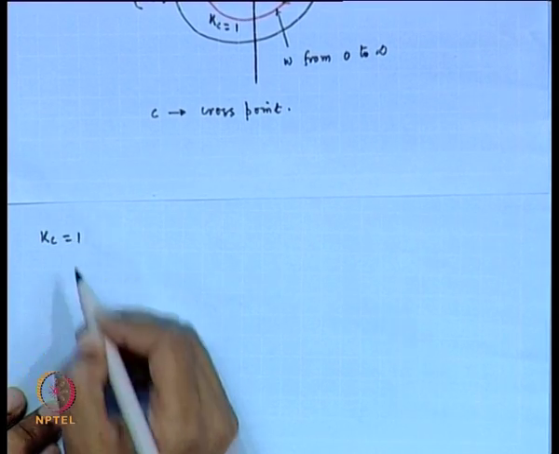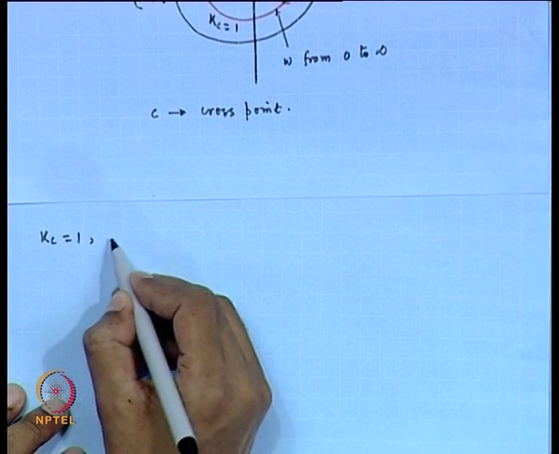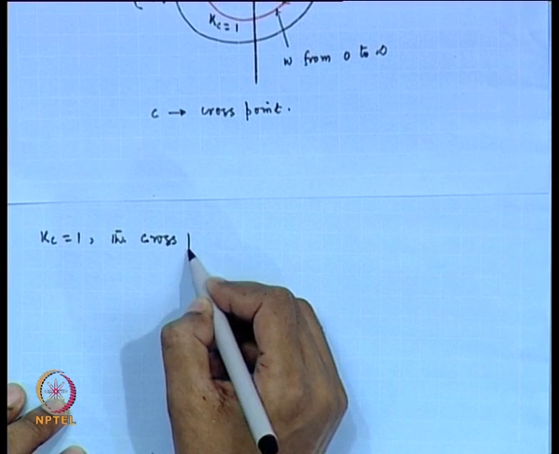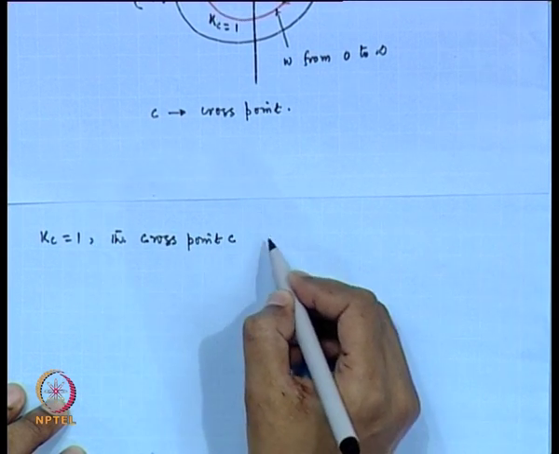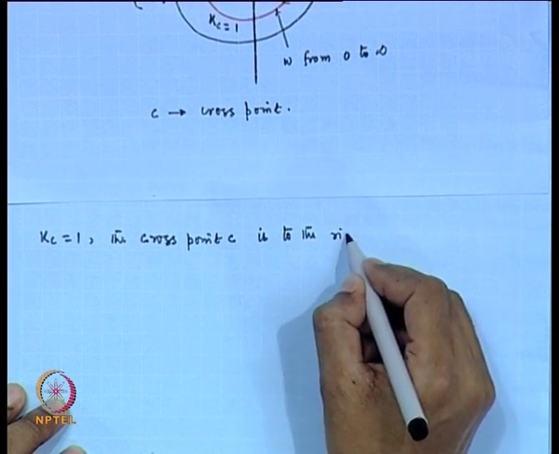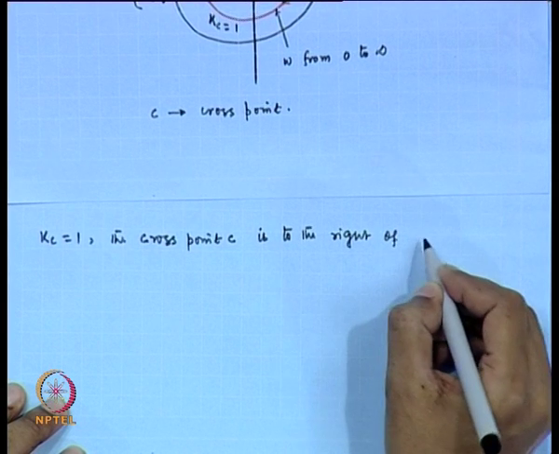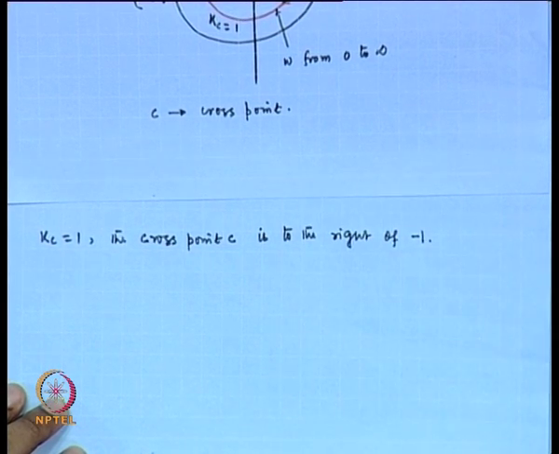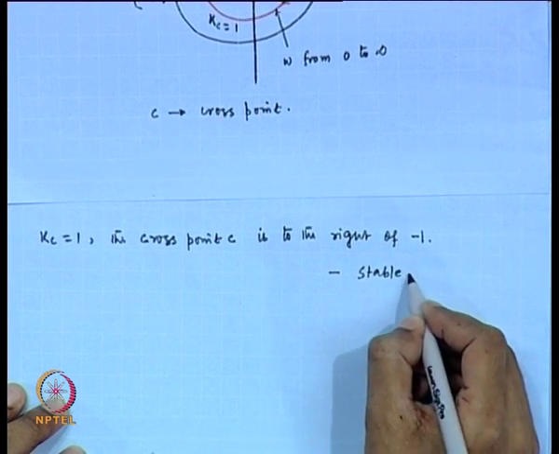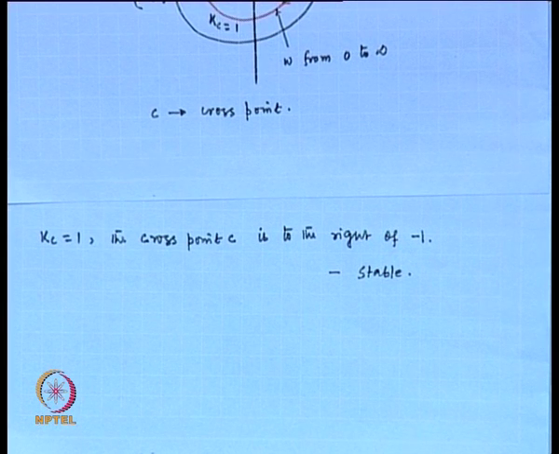Fine. So, when Kc equal to 1, the cross point C is to the right of minus 1. That means the system is stable. We can define it in another way.